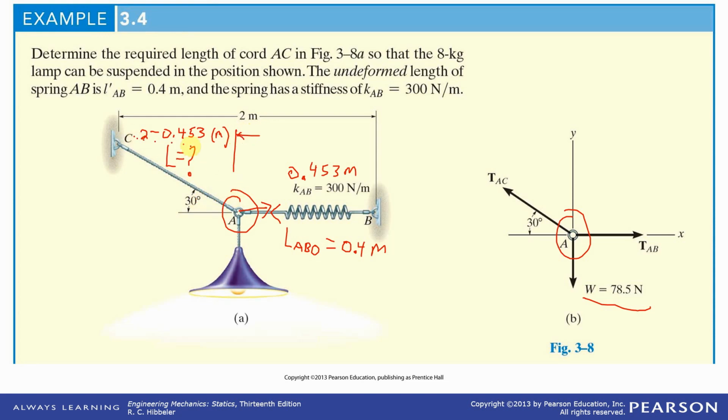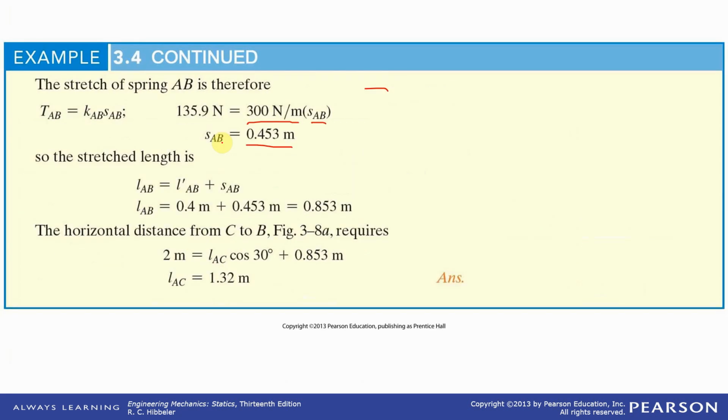Then once you know the one side, the total length cosine 30 is going to be given by that value, by this value. Okay, and we're going to have it. Oh yeah, that's the stretch.